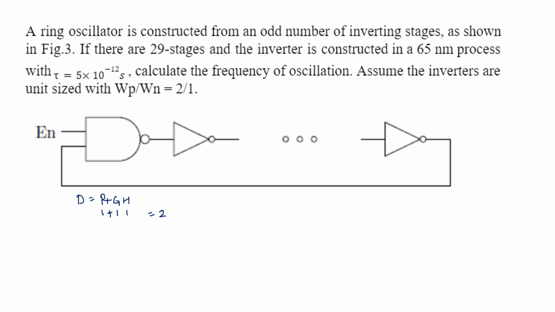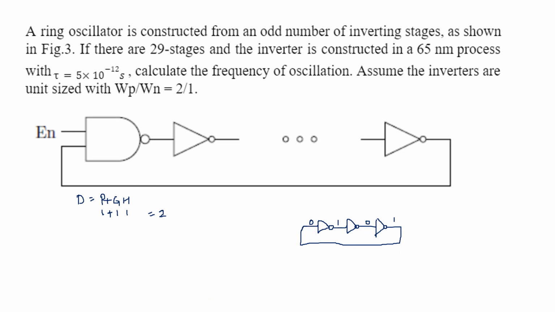And there are 29 such inverters. Now, what forms one period basically? Let's try to analyze it with the help of 3 inverters here. Initially, let's say this is at 0, then this will be 1, then this will be 0, again this will be 1, and this one here is given as the input to the inverter again.